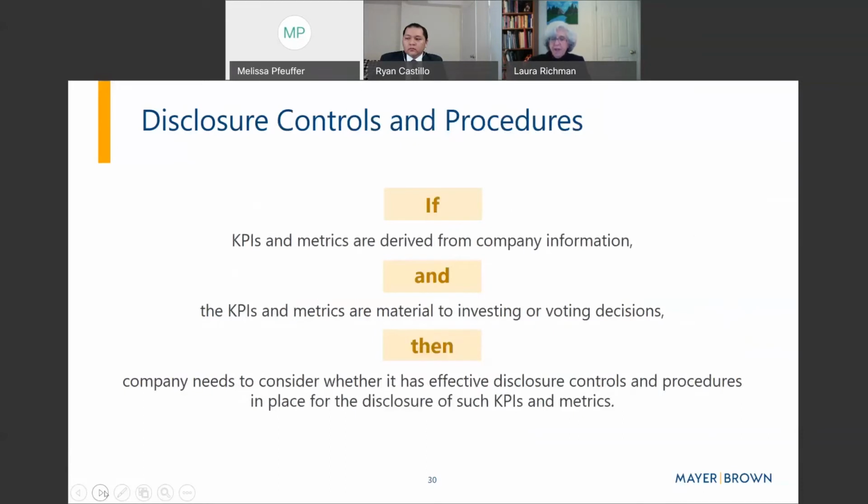So I'll finish up by talking about disclosure controls in the KPI guidance context, because if indicators and metrics are material to an investment decision or to a voting decision, and they are derived from company information, the company needs to consider whether it has effective controls in place to process the information, especially if they're derived from their own information.